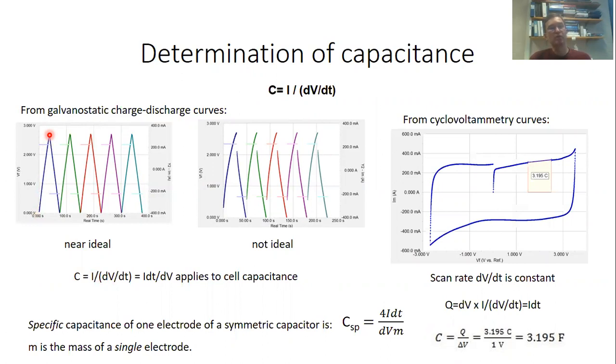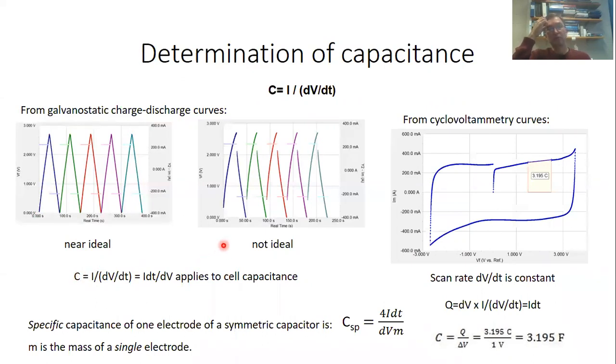So you only need to determine the slope of this line multiplied with the constant current that you know, then you actually have the capacitance of your capacitor.